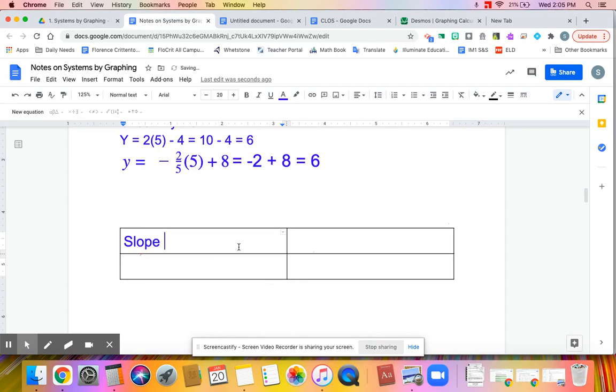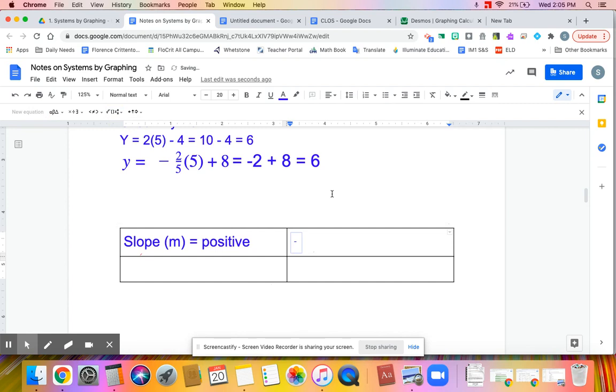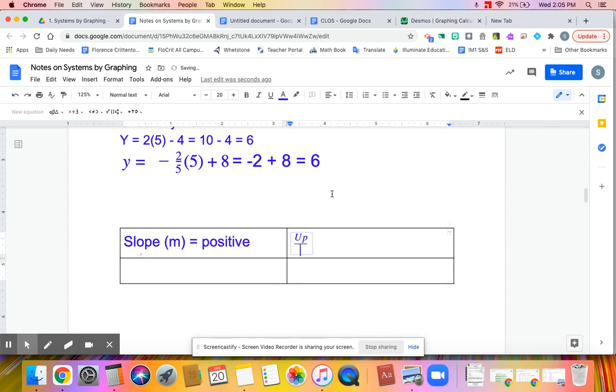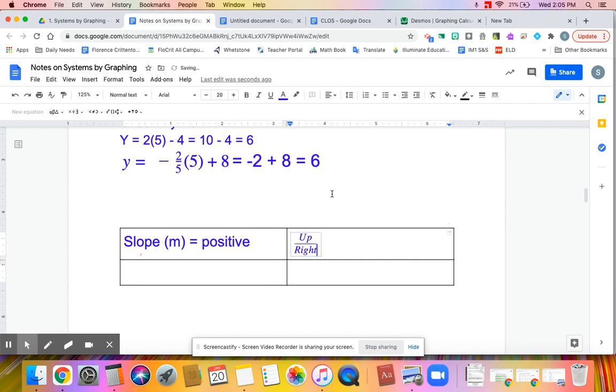So if the slope, which is your m, is positive, that means once you turn it into a fraction, if it's not already a fraction, the number on top is how far up you go. The number on bottom is how far to the right you go. But if you switch both of them, it's the same thing as going down and to the left.